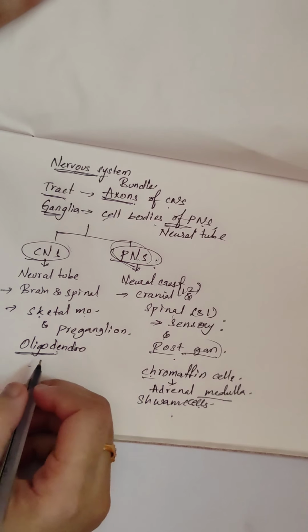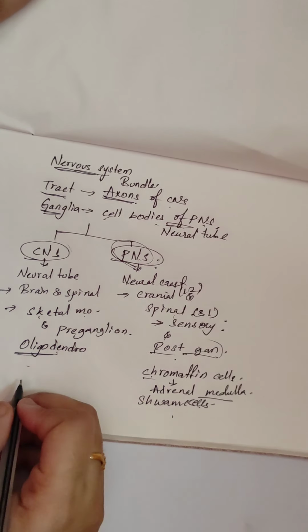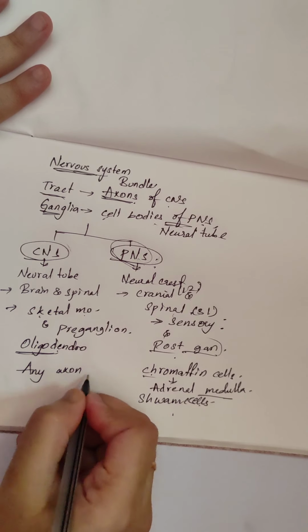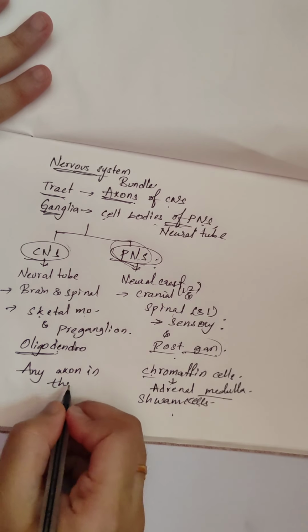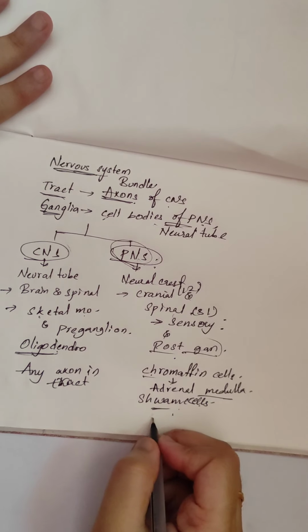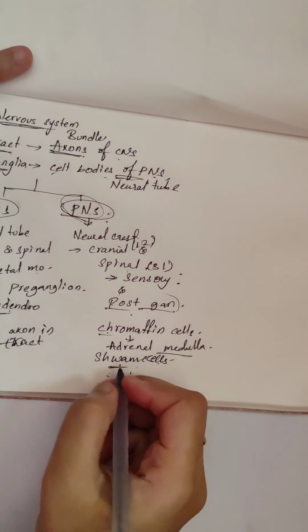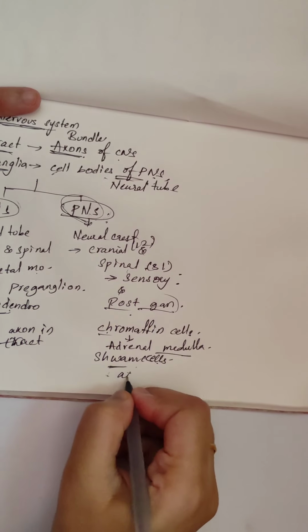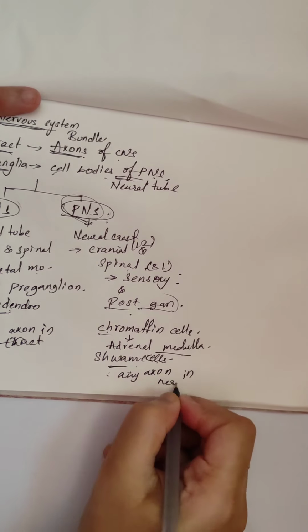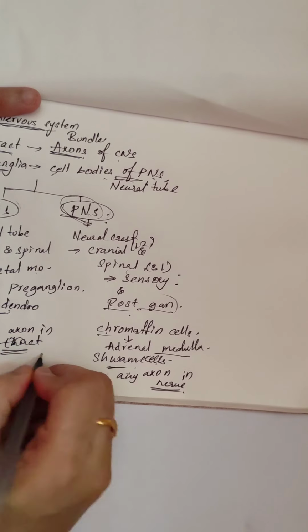The difference is that oligodendrocytes can produce myelin for any axon in the tract, but Schwann cells produce it for an axon in a nerve. This is in a nerve and this is in a tract.